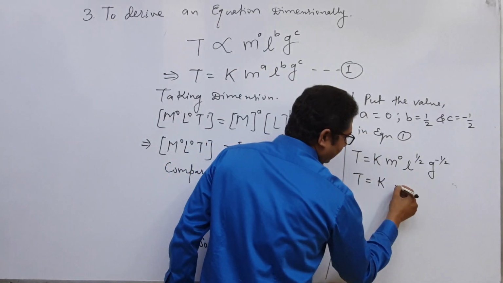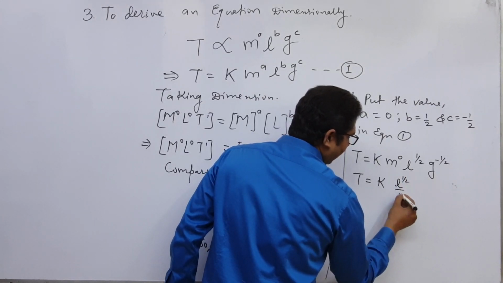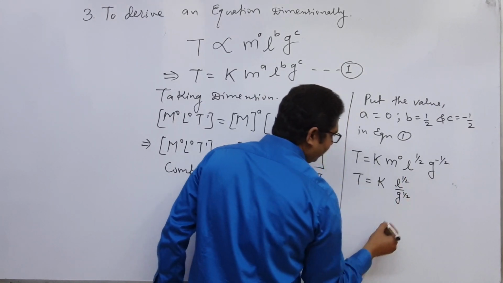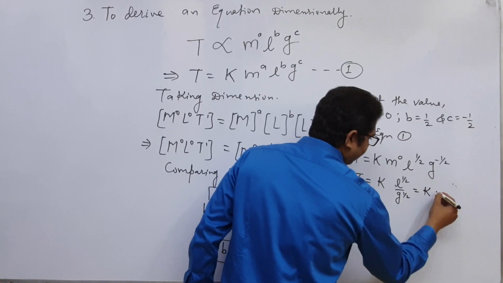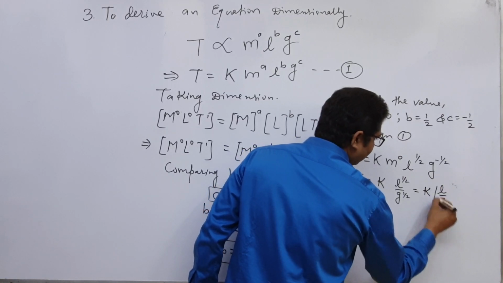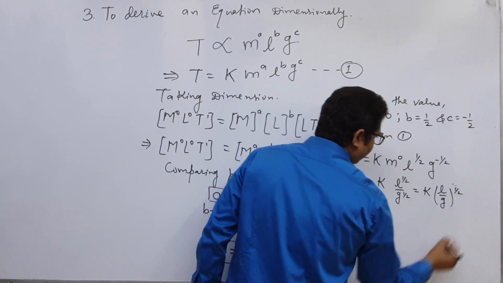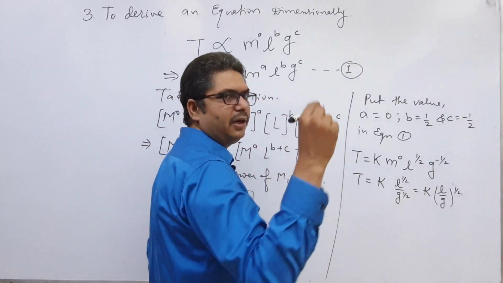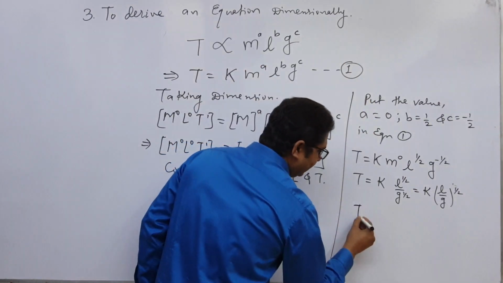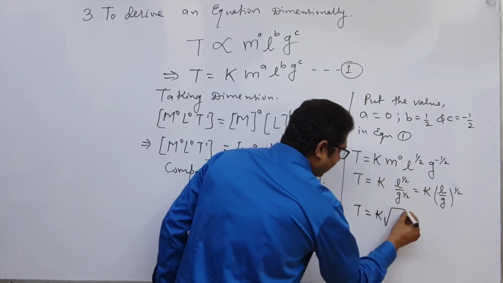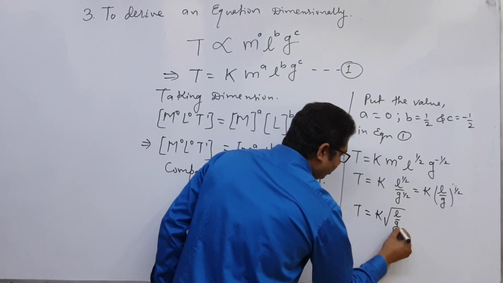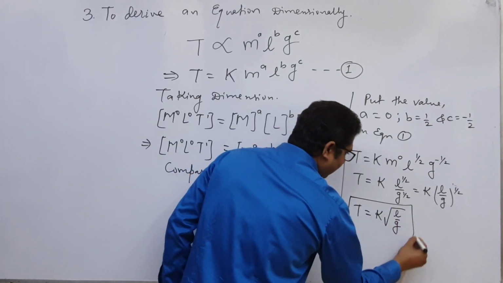So this will be l to the power half and g to the power half. You can write it combined as K, l upon g, power is half. So power half is said to be under root. So you can write T equals K under root l upon g. This will be the equation.